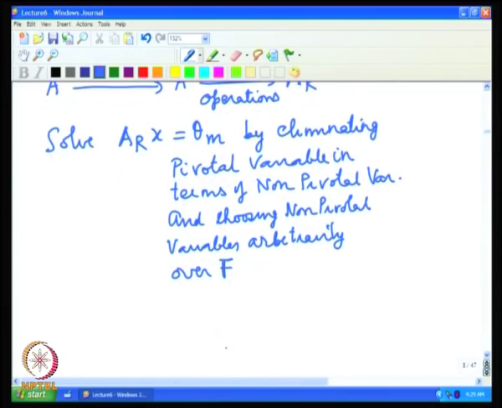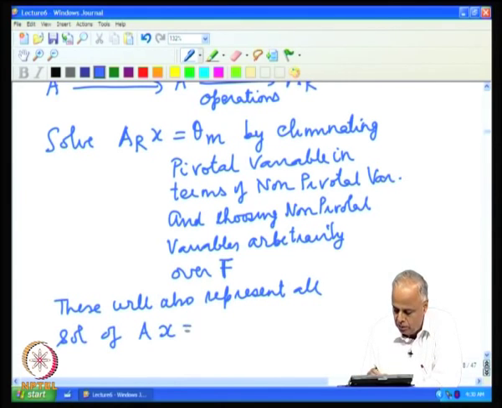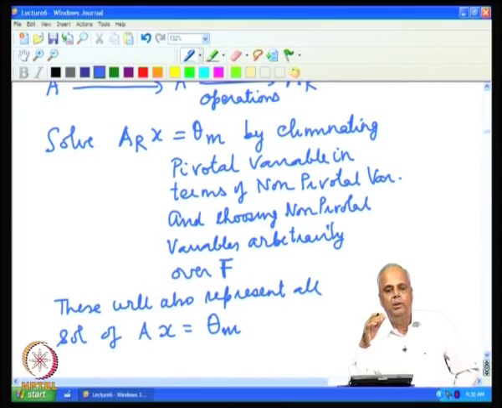If we solve, these will also represent all solutions of the original system we started with, A x equal to theta. So, the solution of a homogeneous system corresponding to a matrix A can be systematically handled in two stages.